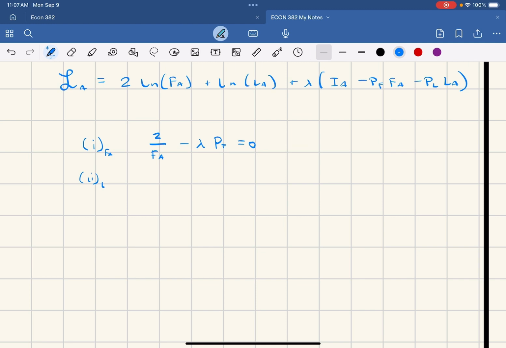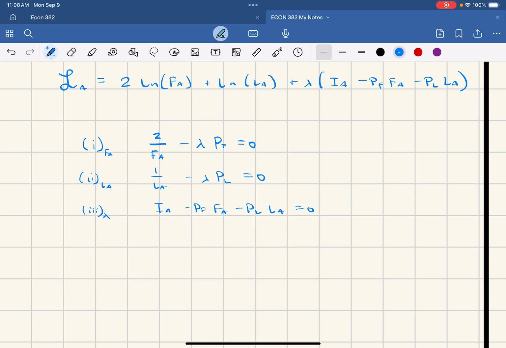The other first order condition with respect to leaves will give us 1 over LA minus lambda PL equals 0. And then our third first order condition, as we take the partial derivative with respect to lambda, is our budget constraint as follows. So those are our first order conditions.